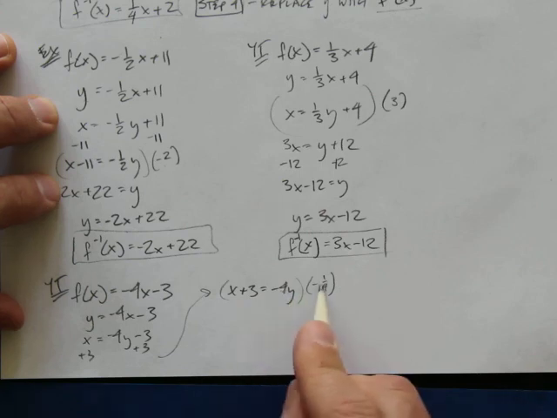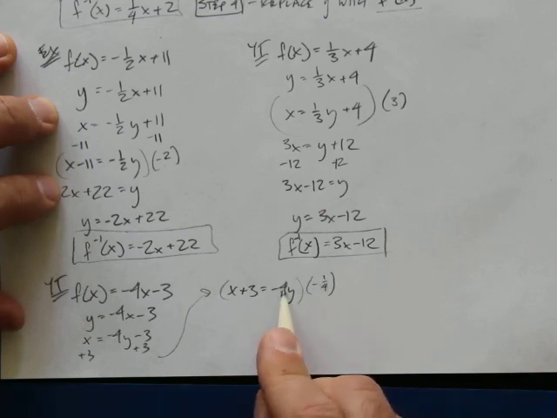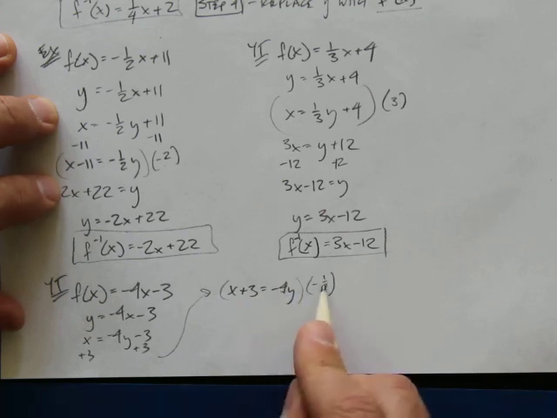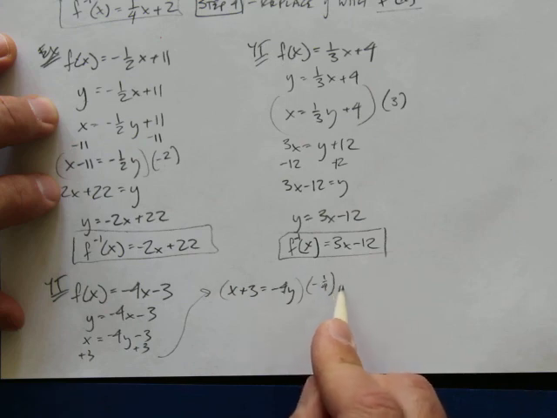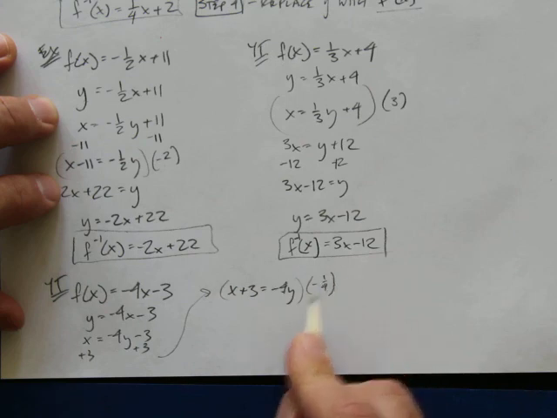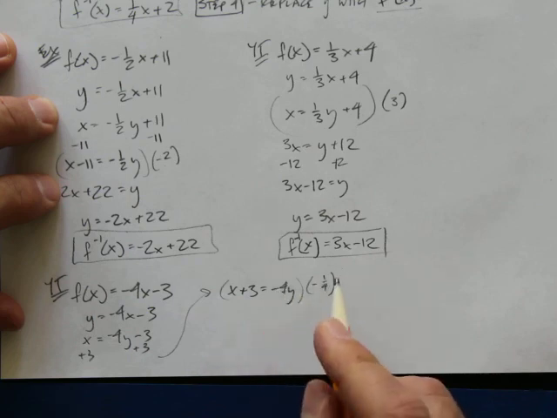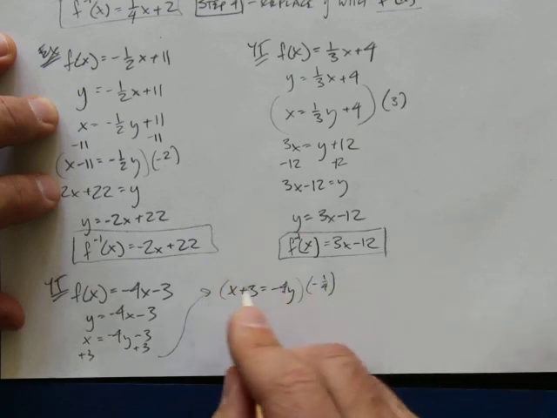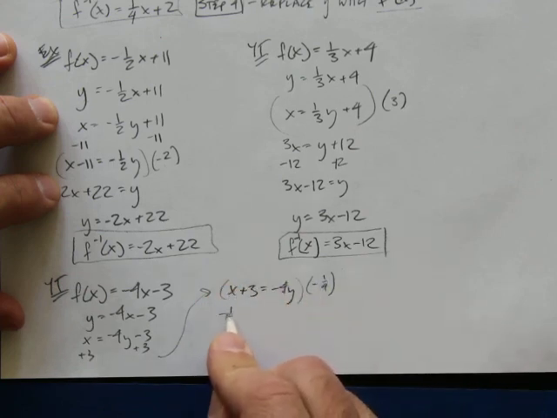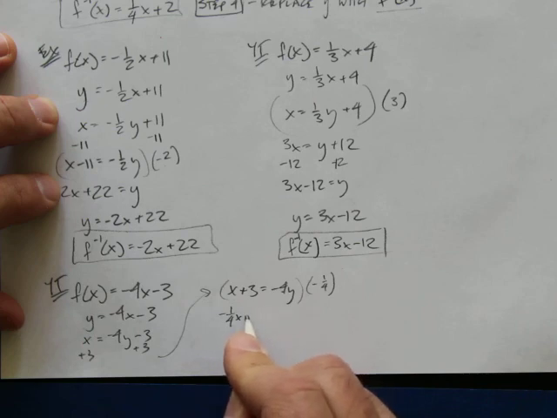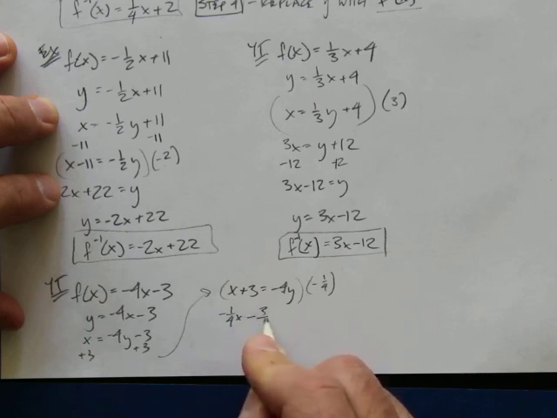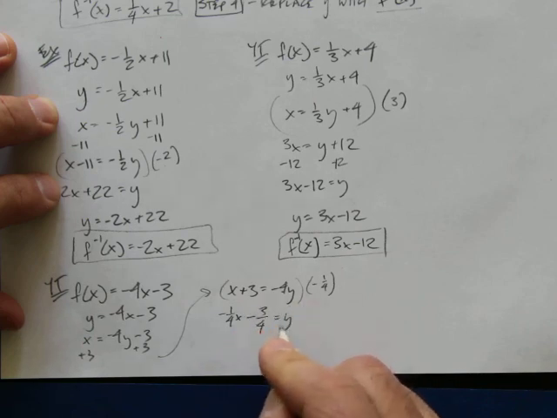Negative 1/4 times negative 4 is going to get me 4 over 4, which is 1. A negative times a negative is a positive. 4 divided by 4 is 1. Okay, so that gives me negative 1/4 x minus 3/4 equals y.